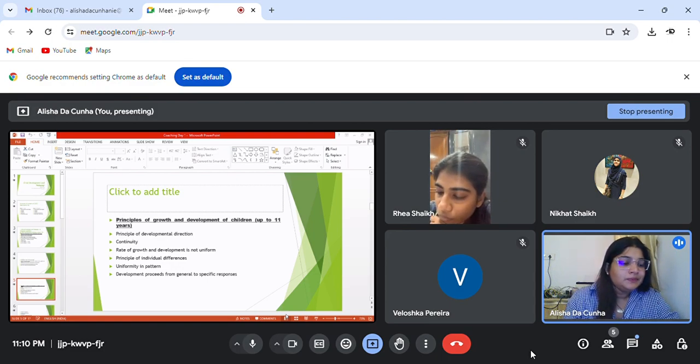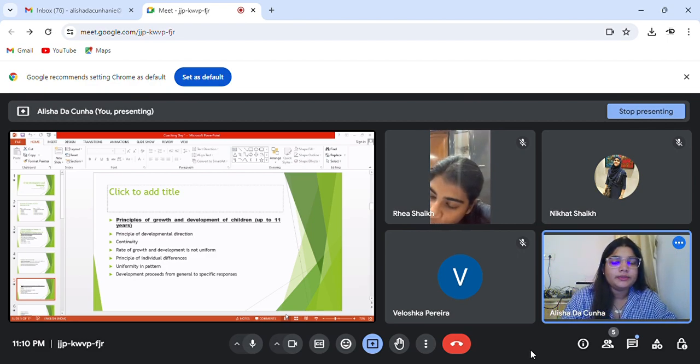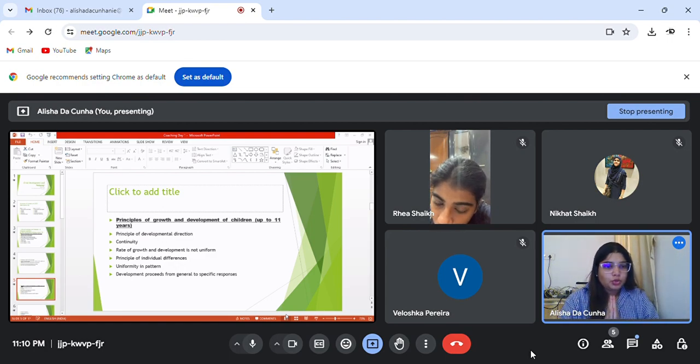Okay. So, cephalocaudal means development from the head downward. So, up to down, that is cephalocaudal. And we have proximodistal, which is development from center to sidewards.